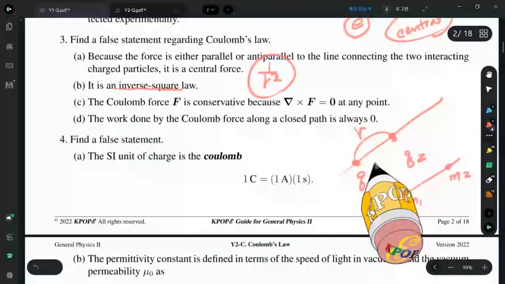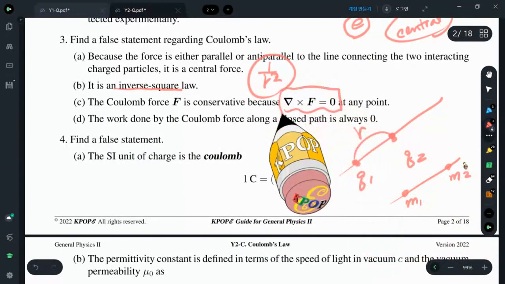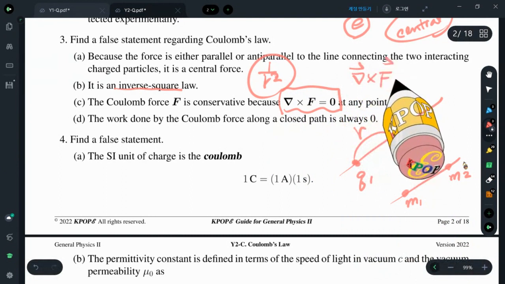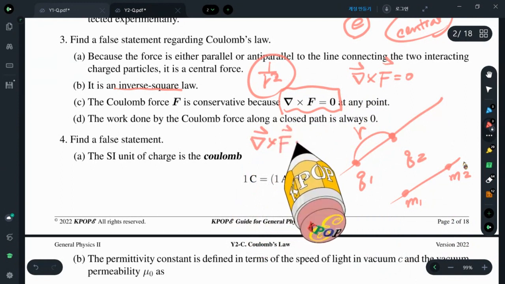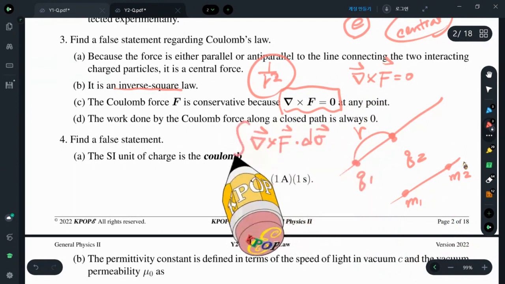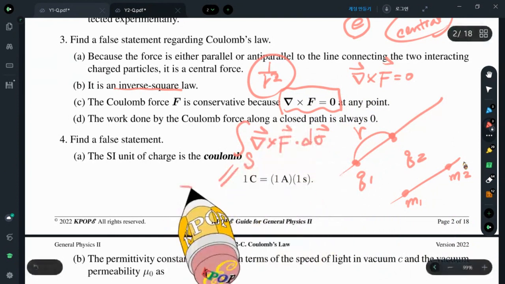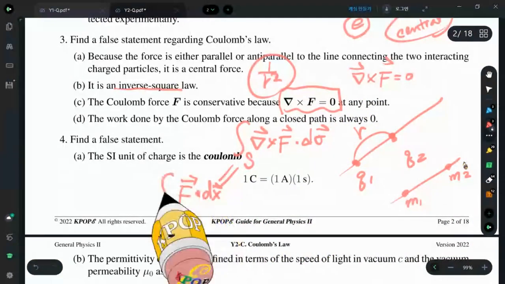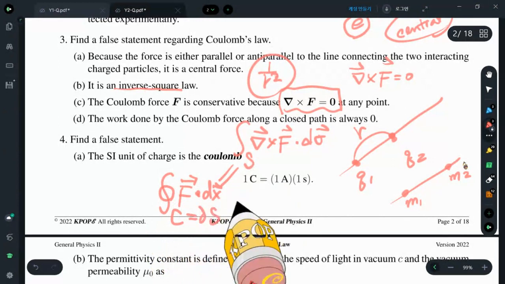Both Coulomb force and gravitational force have curl that is exactly zero. If we apply the Stokes theorem, the curl F equals 0. Therefore, the integral of curl F on a surface, according to Stokes theorem, is identical to the line integral along a closed path that is the boundary of this surface.